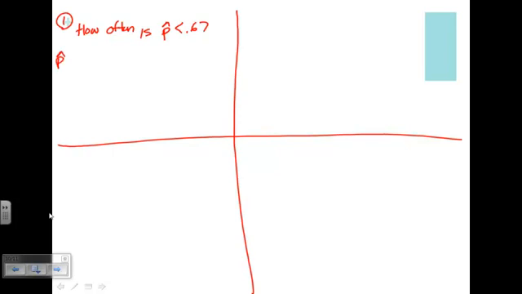P hat is the proportion of adults who drink cereal milk. Just to give a little insight on what we're doing. There's step one. What are we trying to find out?